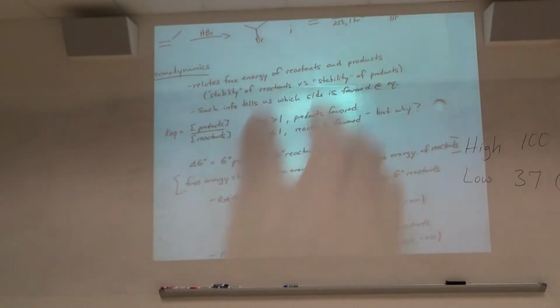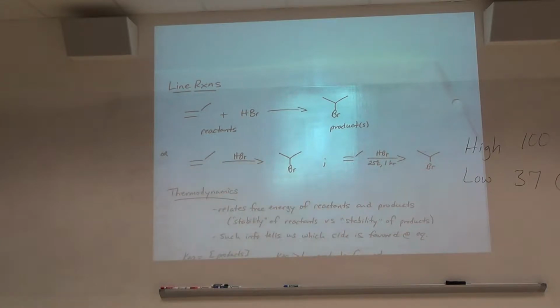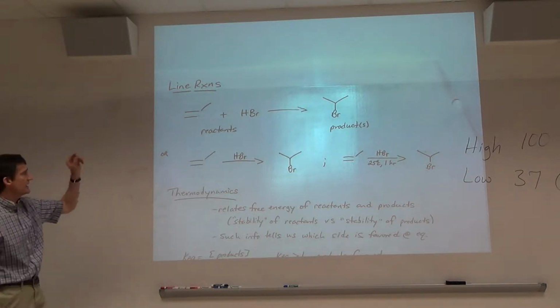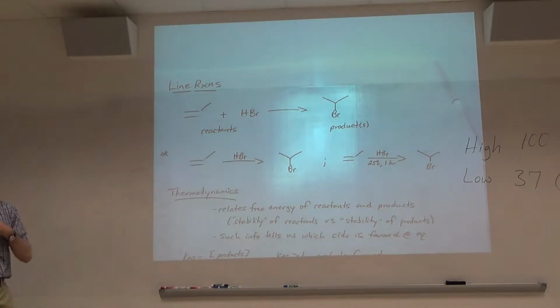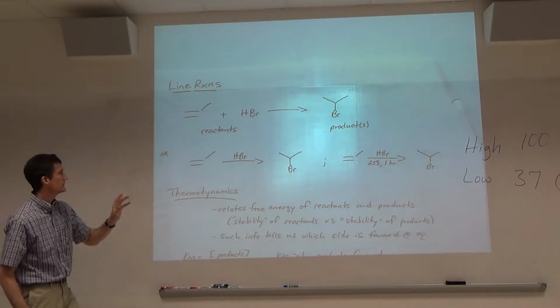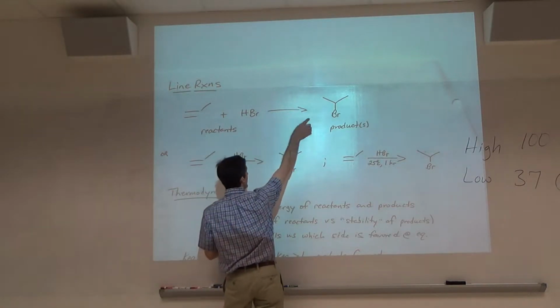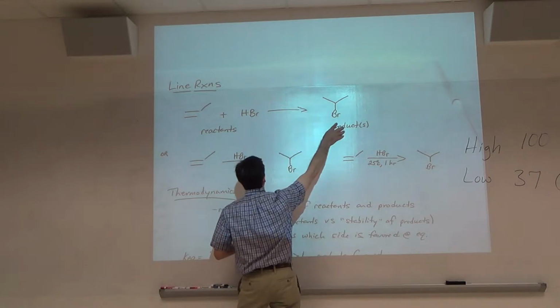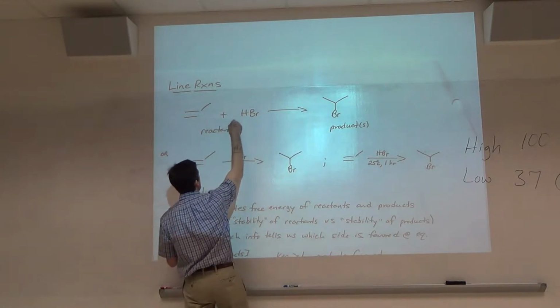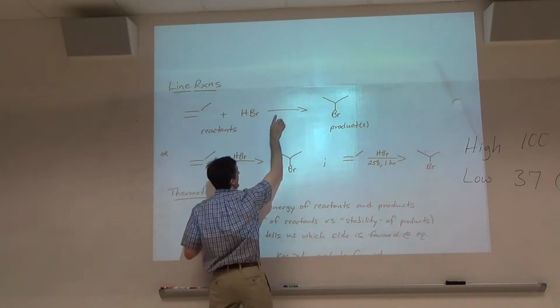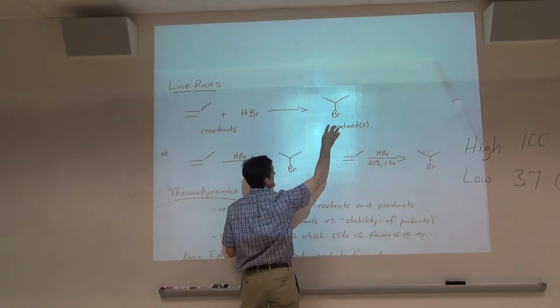Let's look over. We'll eventually get to all that. So let's sort of introduce this here. Line reactions. A line reaction is what I call, and most chemists call, a synthesis. We have reactants, and then a line, and then products. It basically says these react to yield or to provide this.